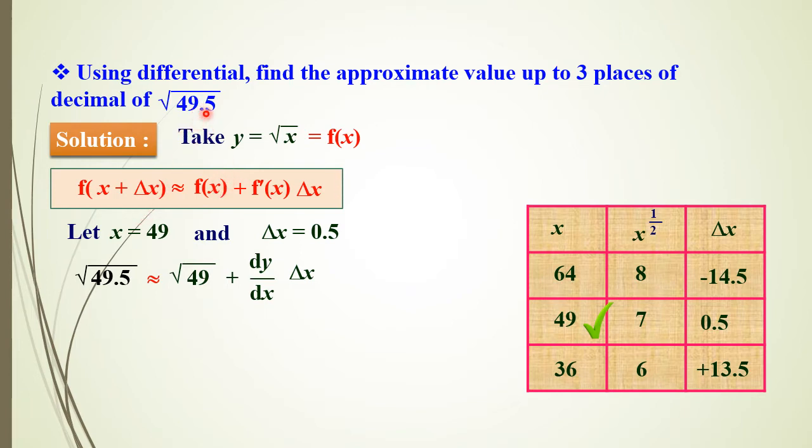Before the decimal point, consider x equal to 49. After the decimal point, consider 0.5 as delta x. Without using a calculator, by applying first principle of derivatives you can find its approximate value.